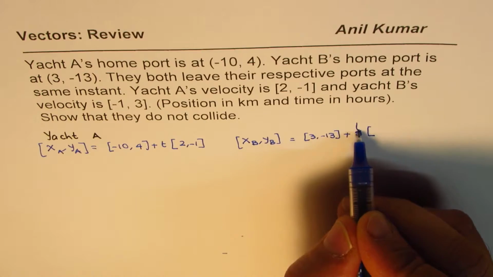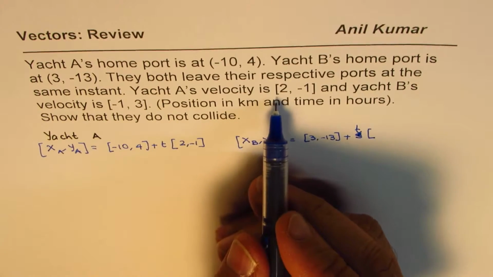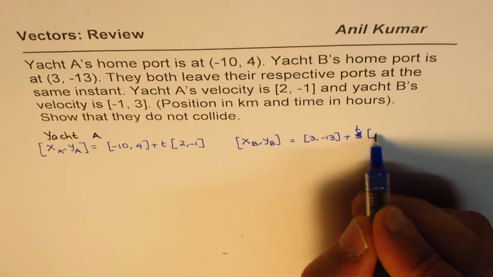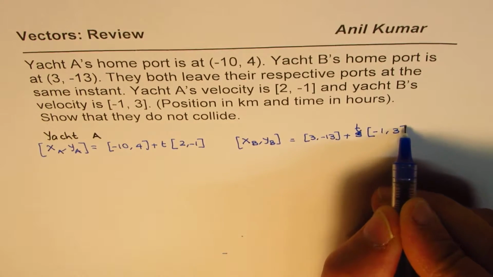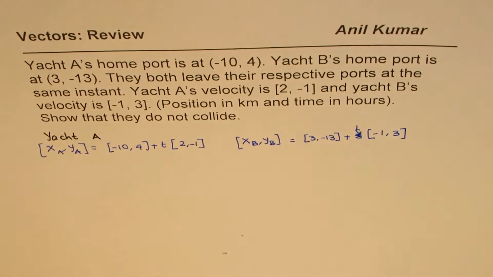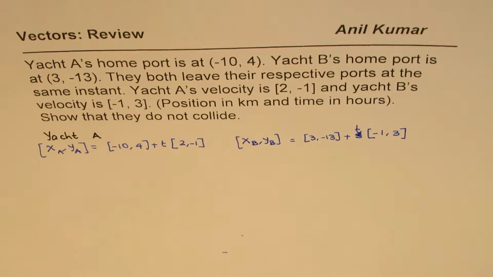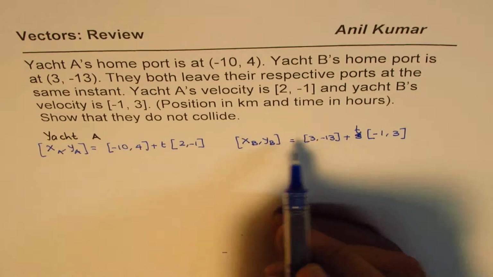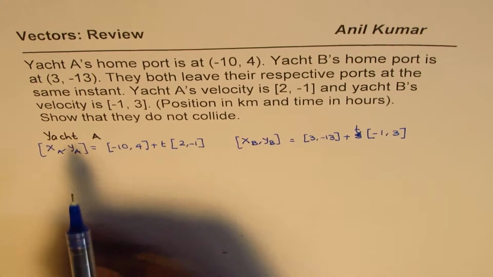You could take the same because they start at the same time. And the velocity is (-1, 3). So why we have taken the same time is that they start at the same time. So if t is 1 for both, that's the whole idea.